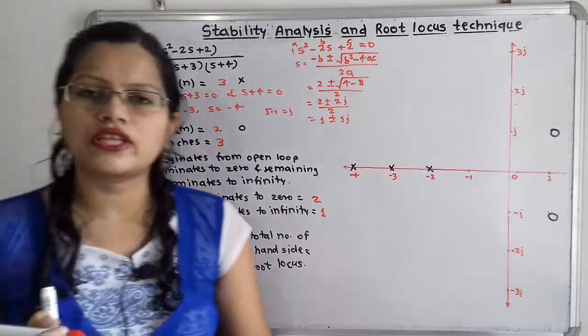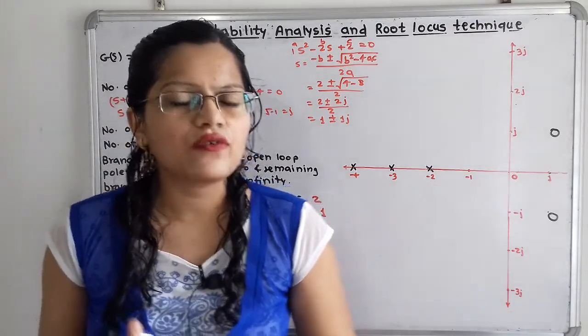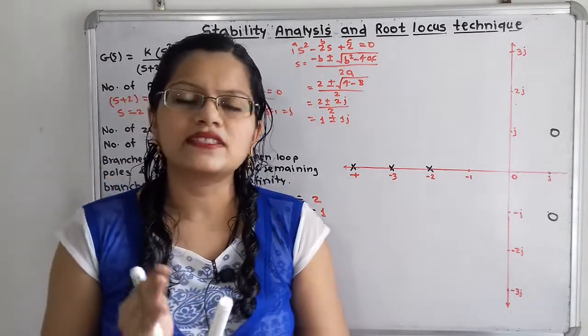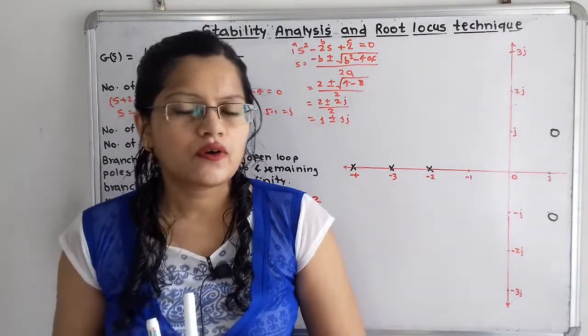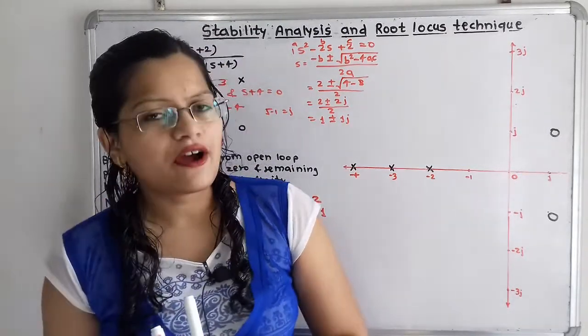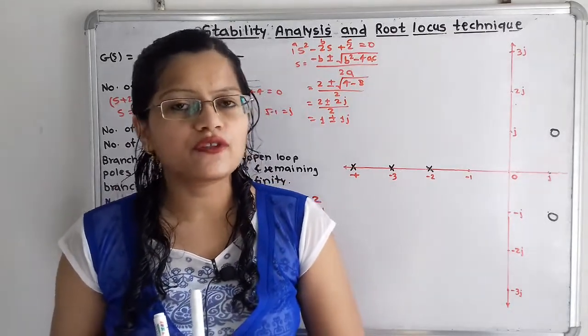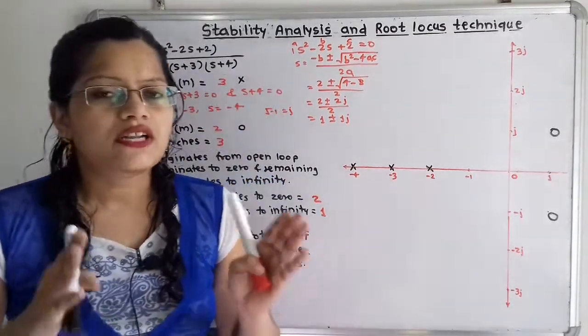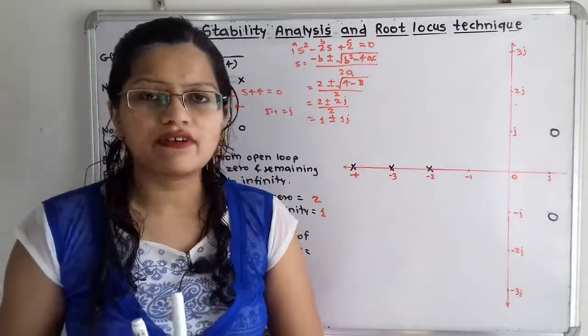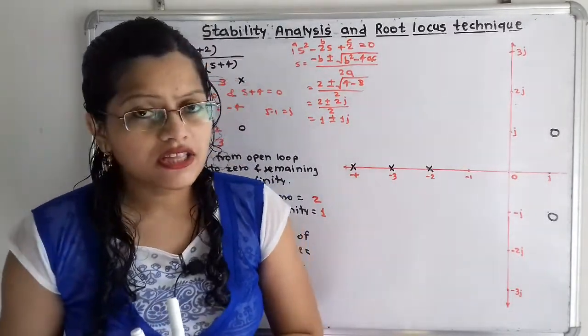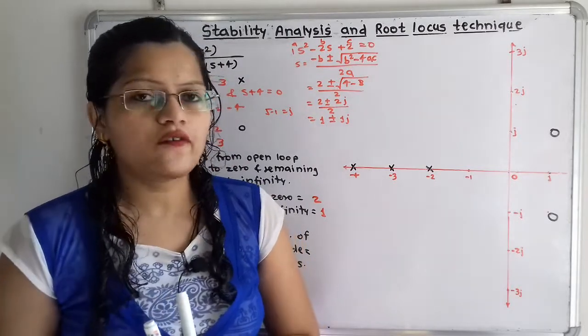Now we will move to the third step. Now we have to find out the range of points which is part of the root locus. So what is the rule? We have to find the range for which the total number of poles and zeros to their right hand side is an odd number, and all this range of points is part of the root locus.